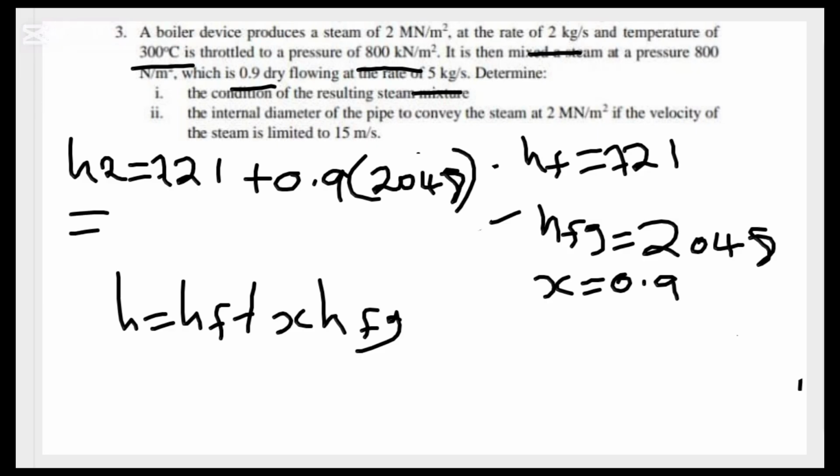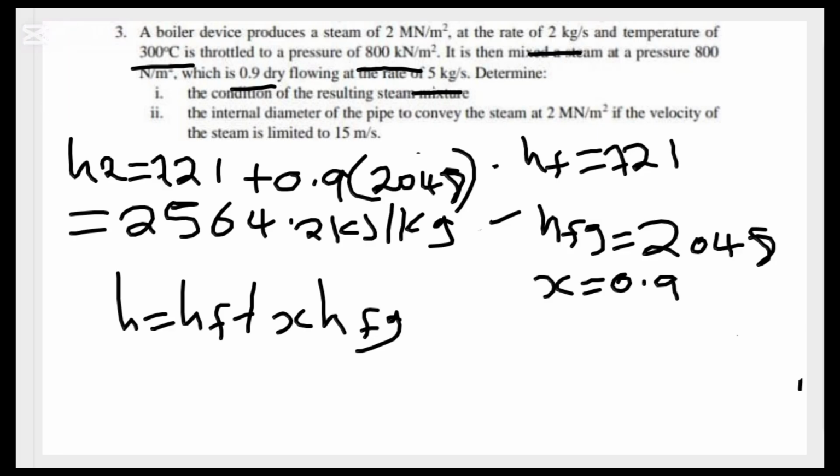So at the end, 721 plus 0.9 multiplied by 2048, I'll get 2564.2 kilojoule per kg. So I have already found the value of H2.